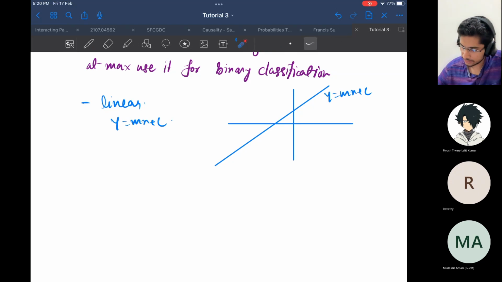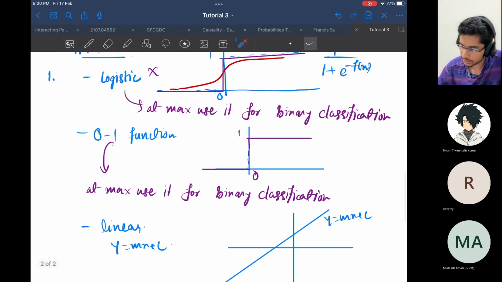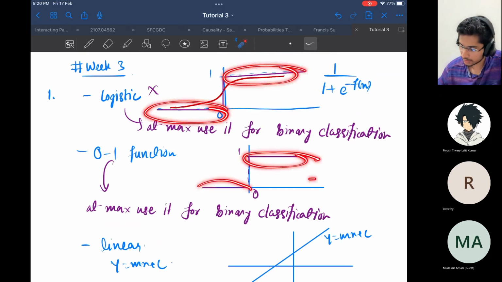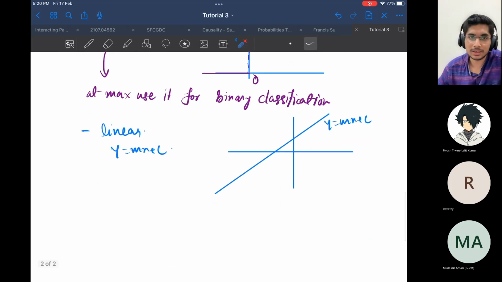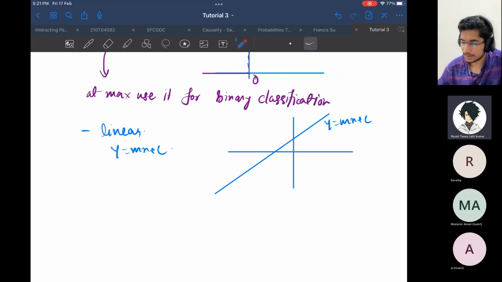The problem with the linear function is that the problem with these two was that there were only two levels, 0 and 1. The problem with the linear function is that it has too many levels.